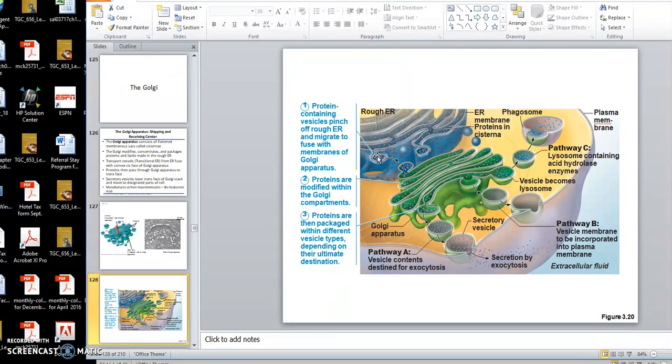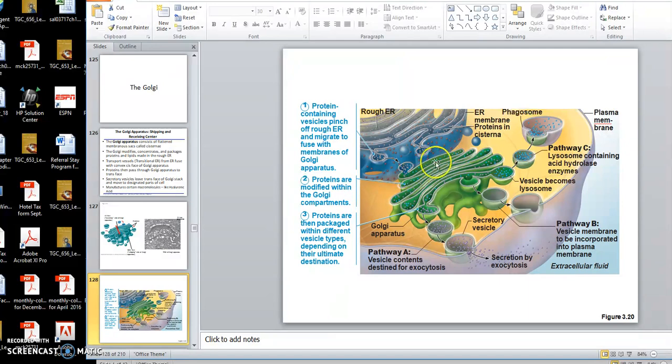So here's the rough ER. You pinch a vesicle off the rough ER. This is actually called the transitional ER. There'd be a vesicle coming. The vesicle then traveling from there, inside the vesicle would be glycoproteins or new proteins, would then go into and hook to the cis plate of the Golgi.